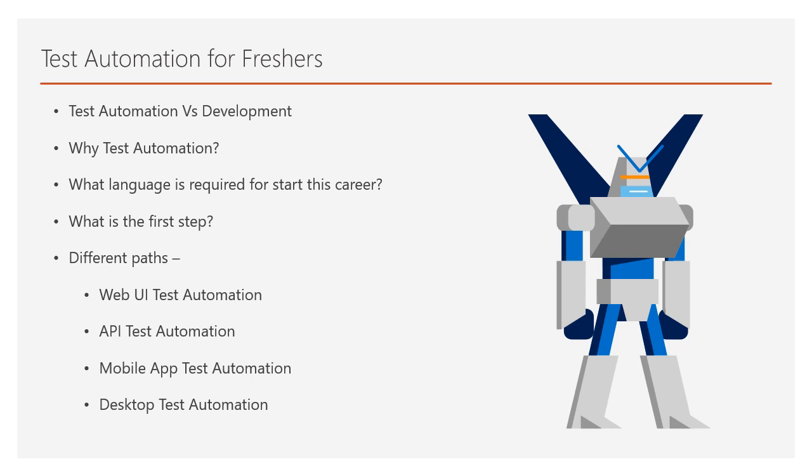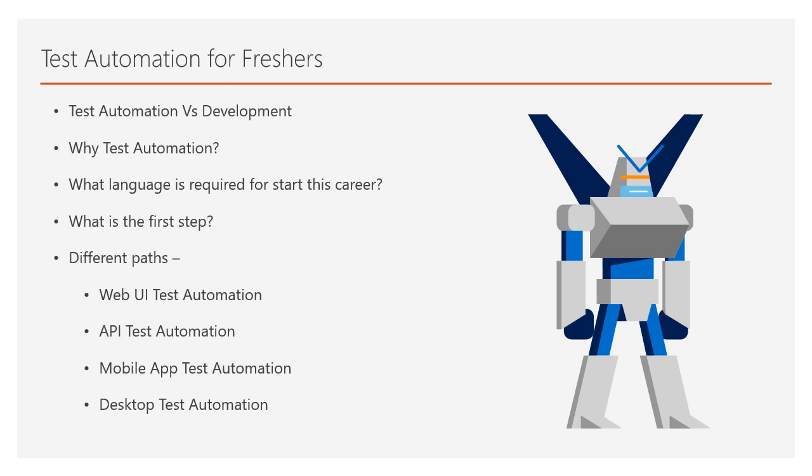So as a fresher, I would recommend to start learning the Java language, building the automation script using Java, because there is a fair amount of demand available in the market. Nowadays the demand is moving towards .NET, but it is going to take a while for all these tools to be available in the .NET language.